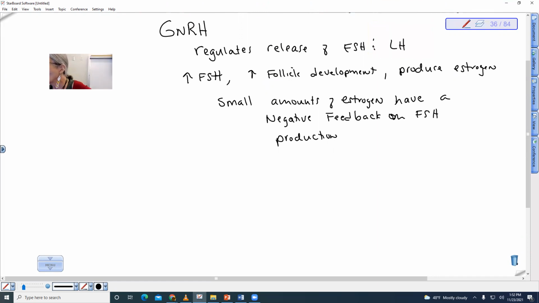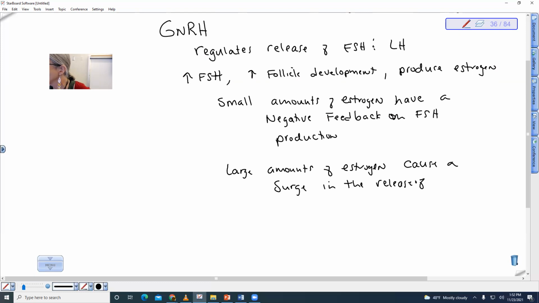Okay, so large amounts of estrogen cause a surge in the release of FSH and LH. And this leads to ovulation.